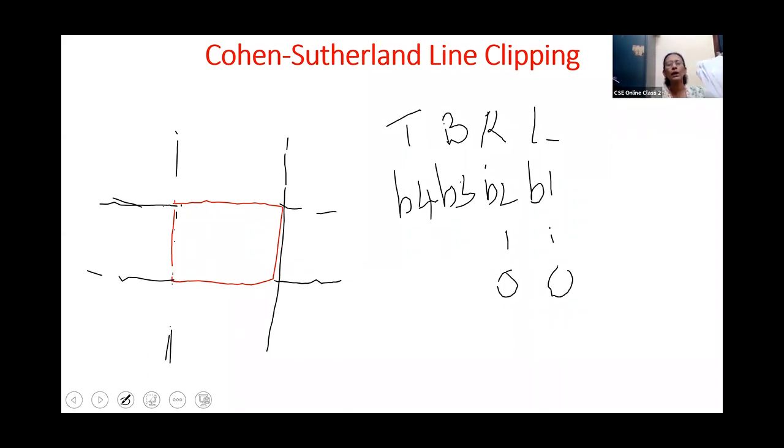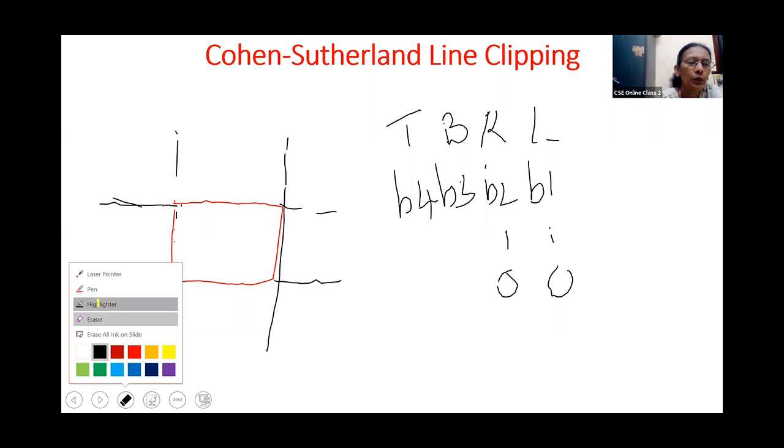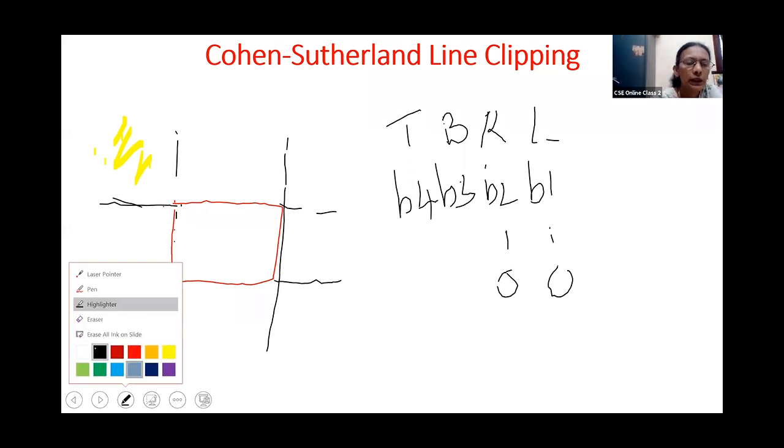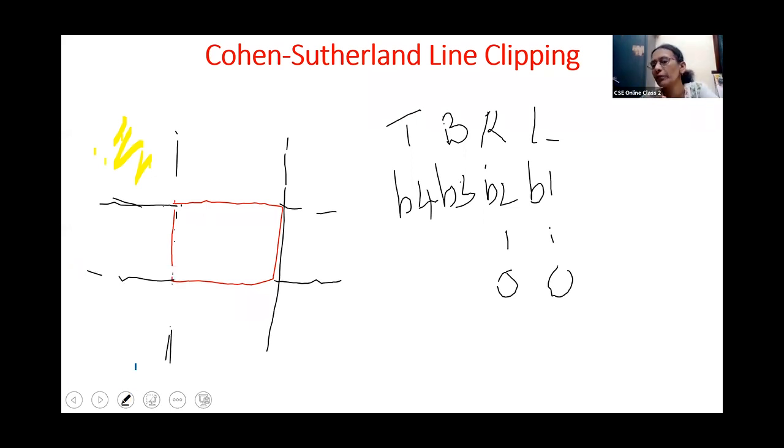Now when you come to this region that you have, what is the code? First we check the left boundary. This point is to the left of the left boundary, so that bit is set to 1. Now when you come to bit 2, it checks for the right boundary.